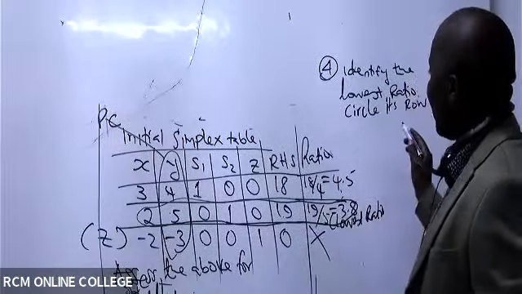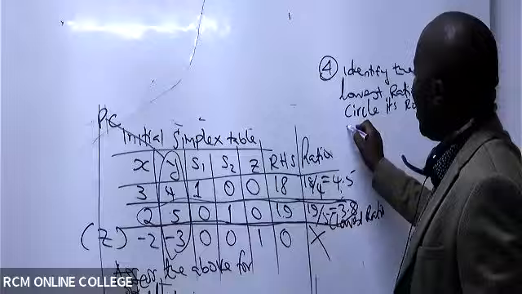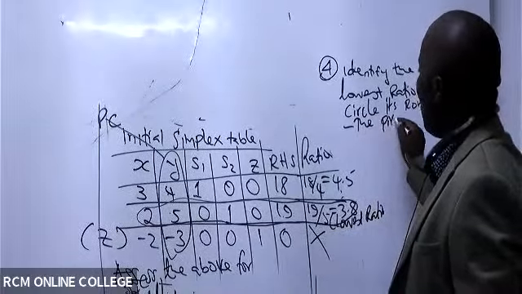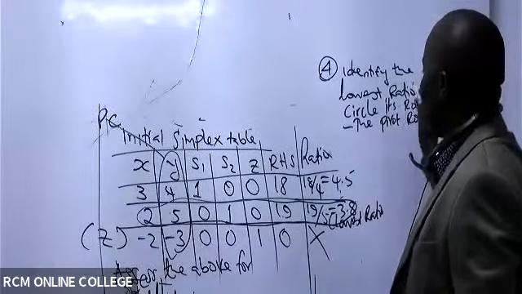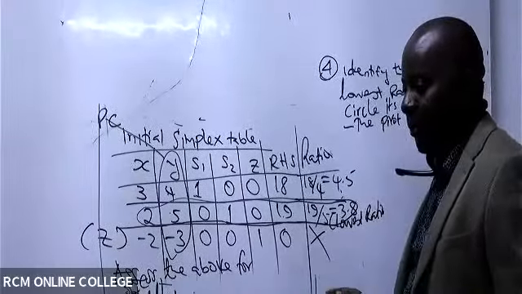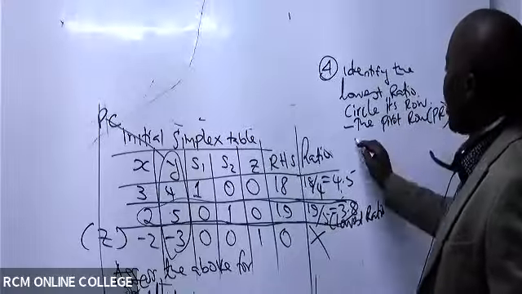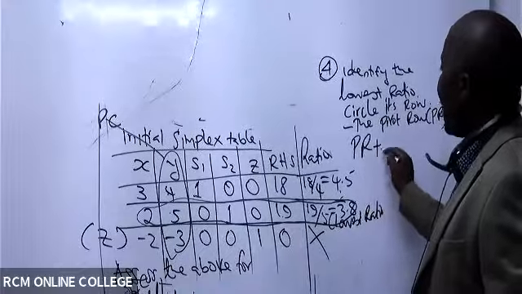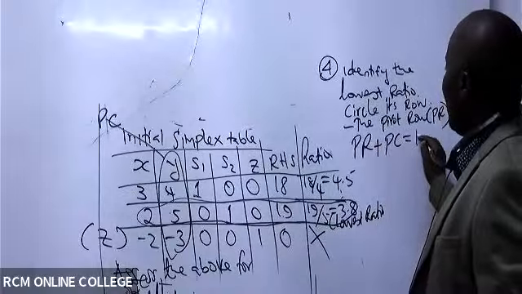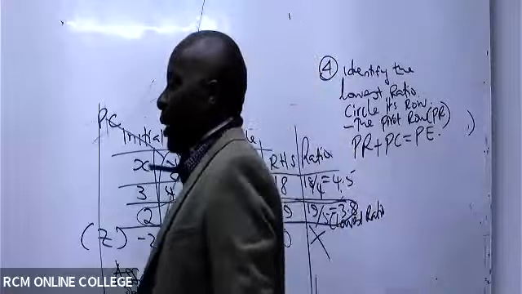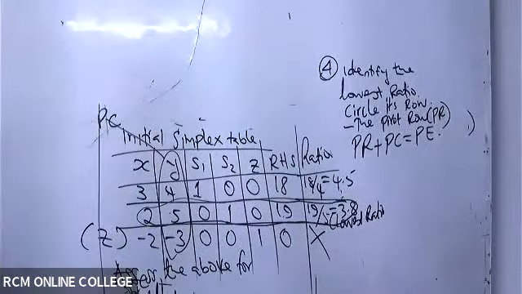Once you circle it like that, call it the pivot row. So this is the pivot row. Ladies and gentlemen, this pivot row will be our PR. You are supposed to know that PR plus PC equals PE, pivot element.